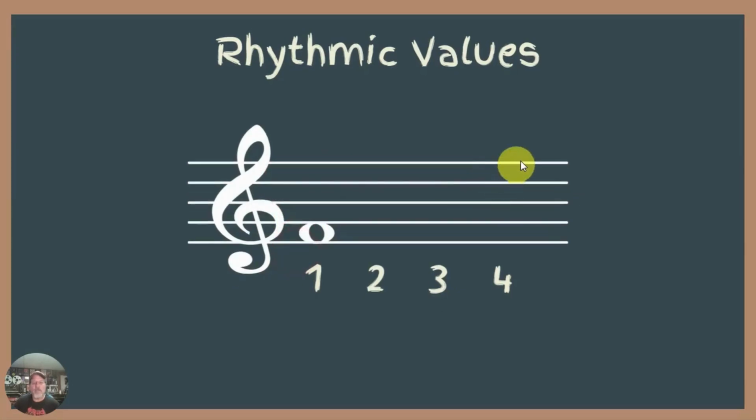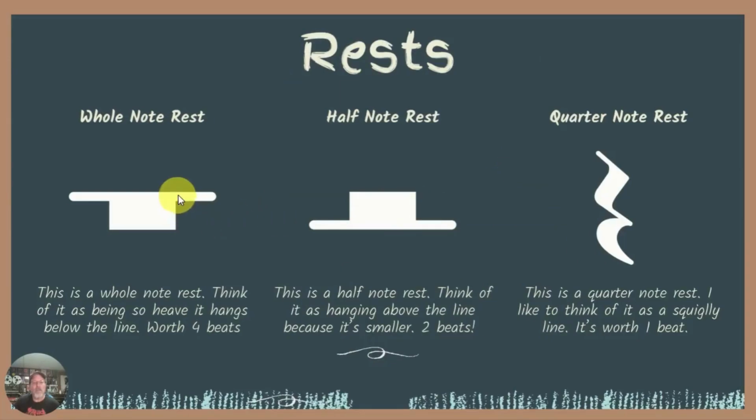And then when we go to the rest, this one, a whole note rest, we have our staff line and then this box that's hanging underneath the staff line. A good way to think of it is that a whole note is really heavy, so it's just hanging down from the staff line.